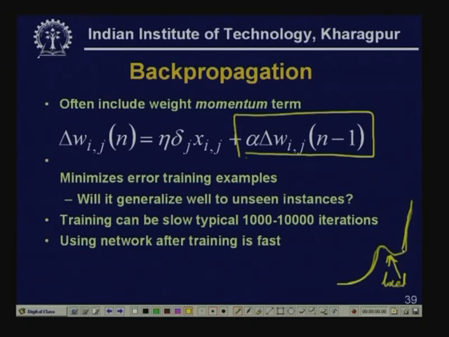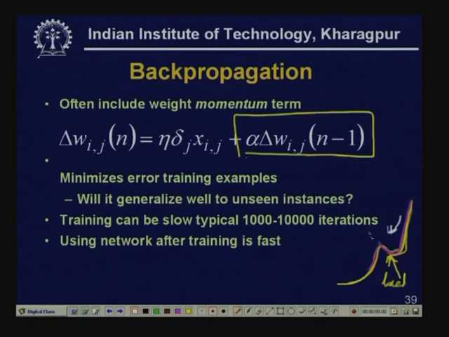So, to prevent your current weight vector from getting stuck at the local minimum, we keep track of the previous direction in which the error surface is moving. Even if we get stuck in the local minimum, we try to have the momentum of the fall.